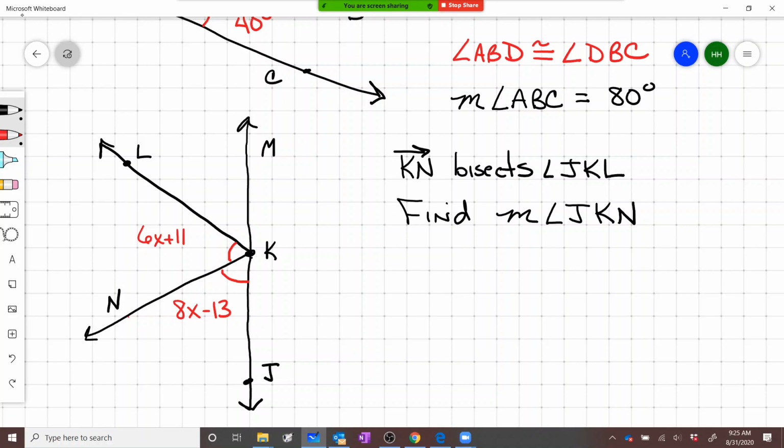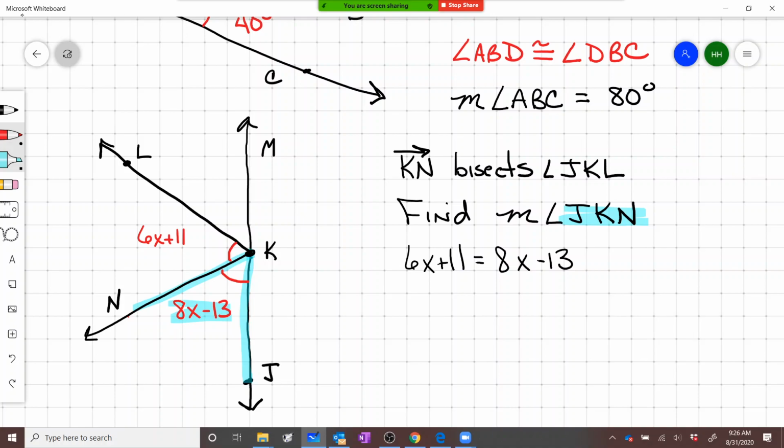Alright, so if KN is a bisector of JKL, we said that these two angles are equal to each other. So we're going to set them equal in an equation. We're going to say that 6x plus 11 is equal to 8x minus 13, because we're looking for angle JKN, which is equal to 8x minus 13. But we need to know the value of x so that we can substitute it.